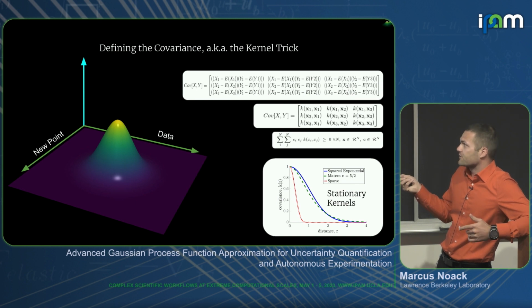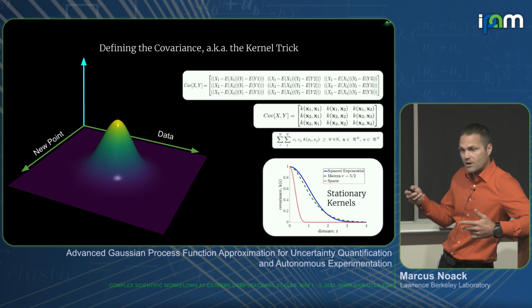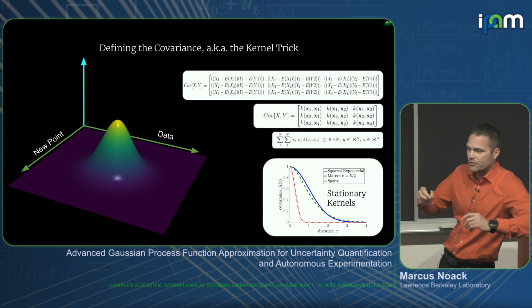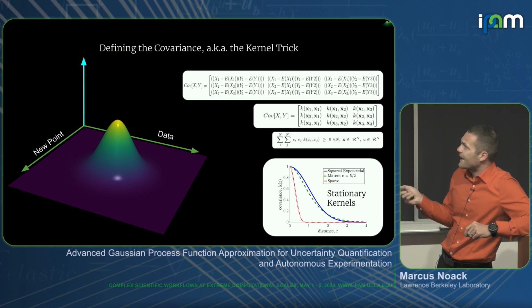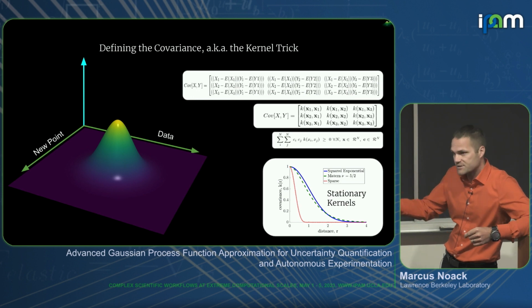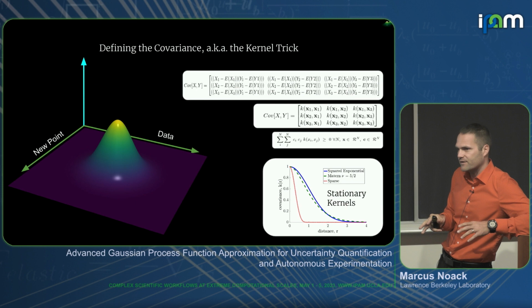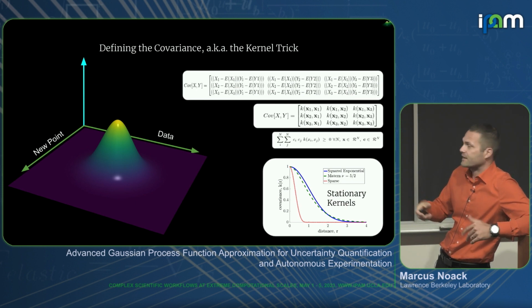So what we do, and again, that's called the kernel trick, we are training, by finding these hyperparameters, a kernel function to approximate those covariances. And these are functions only of 2 input points. So if I now know where I am interested in a function value, that is enough to now extend this prior covariance over those dimensions. Perfect. And so these are positive semi-definite functions, and we're going to talk about this more.